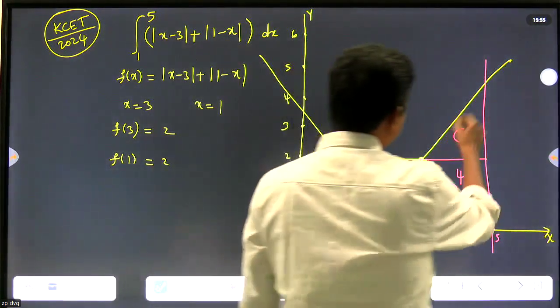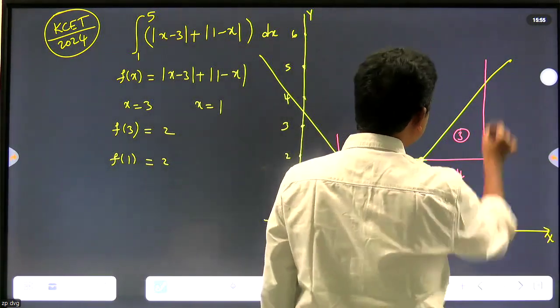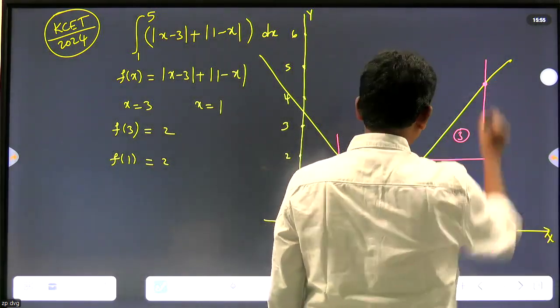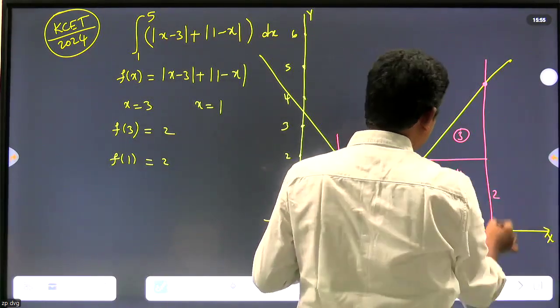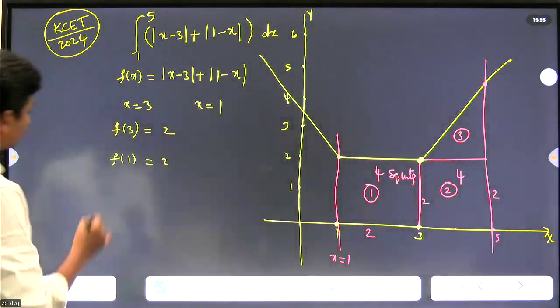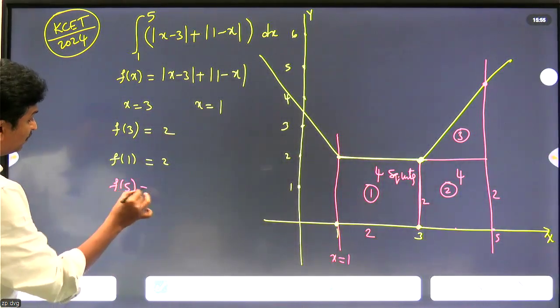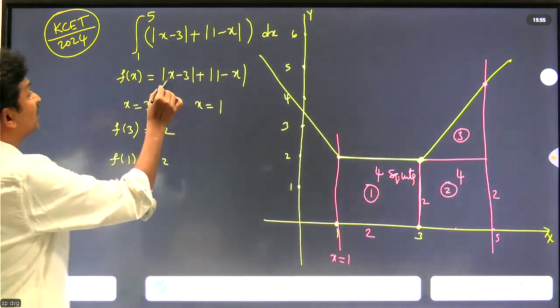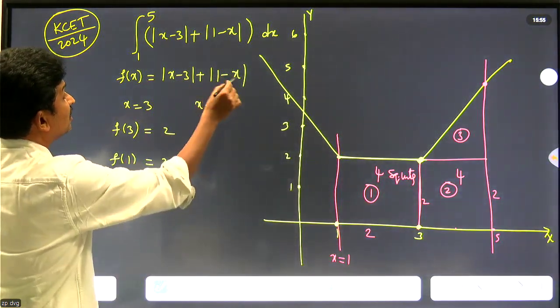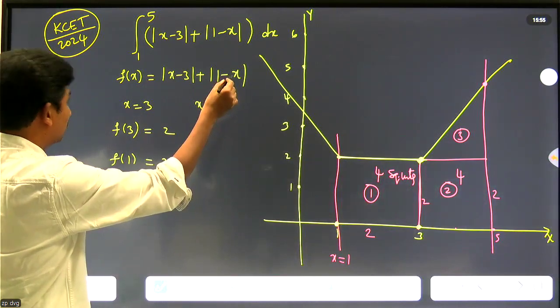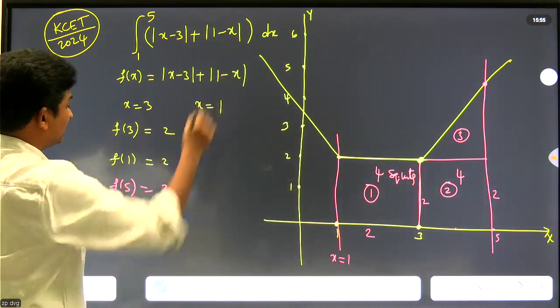Now, what is the area of this? This is a triangle. This is 2 units. For the other length, you need to calculate f of 5. 5 minus 3 is 2, modulus of 2 is 2, plus 1 minus 5 is minus 4, modulus is 4.